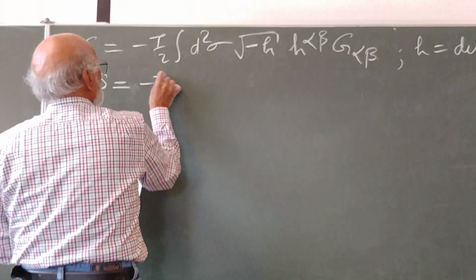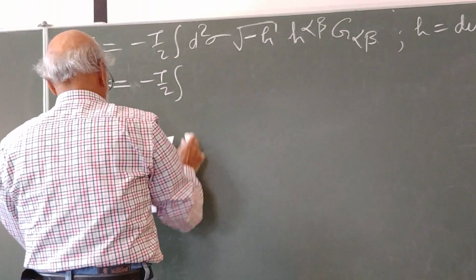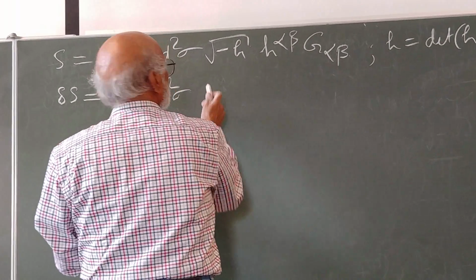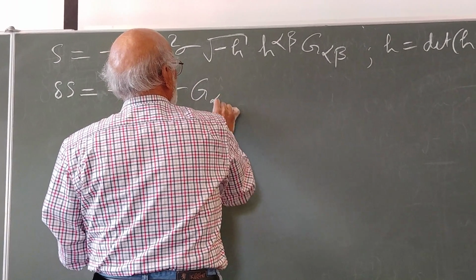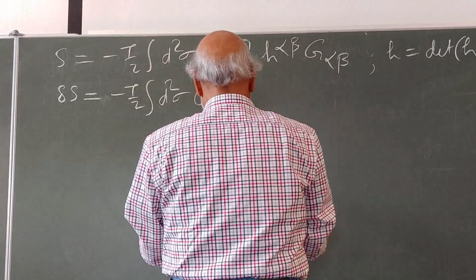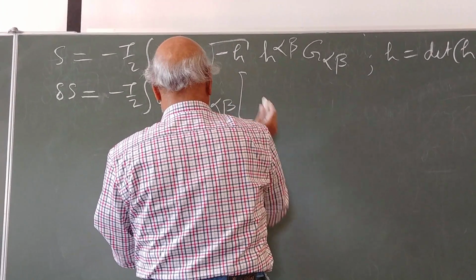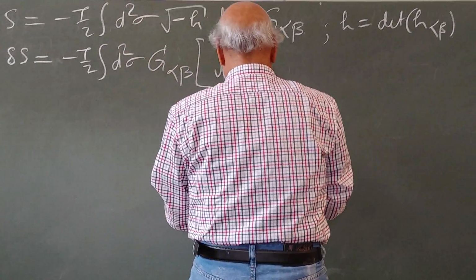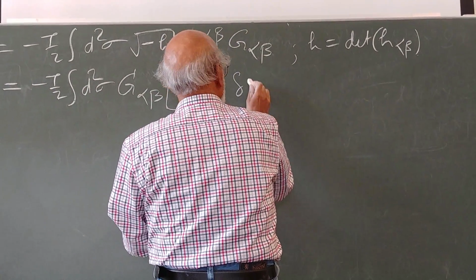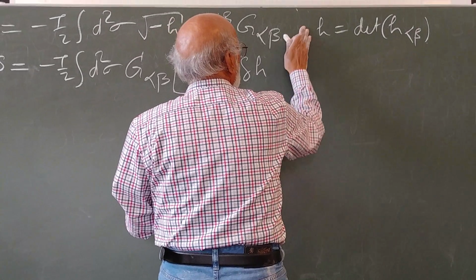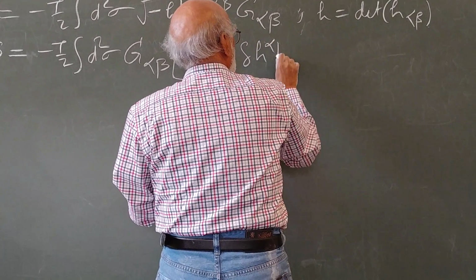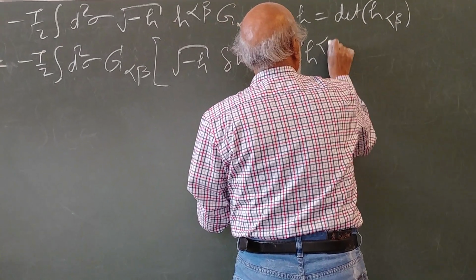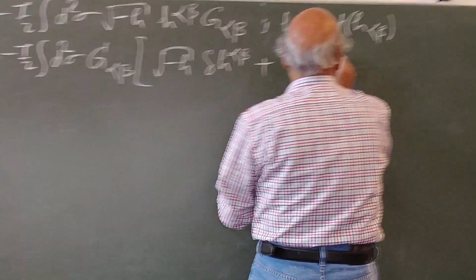So this is minus T by 2, d2 sigma, G alpha beta into square root of minus H delta H alpha beta plus H alpha beta.